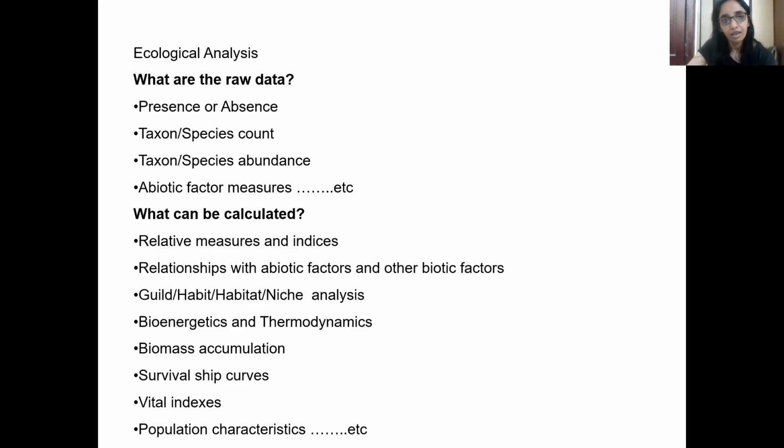So we could divide this raw data, or the data which we are going to collect by sampling techniques, into various different levels.